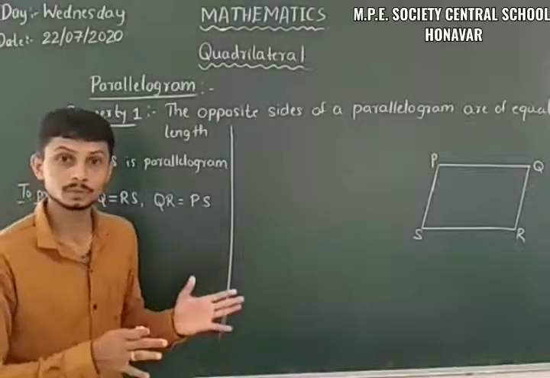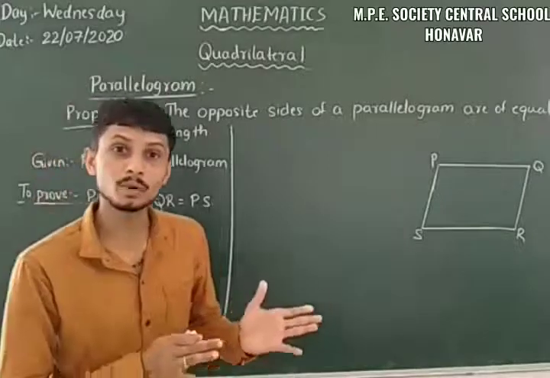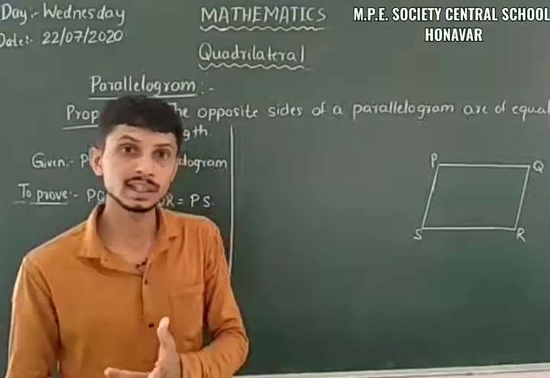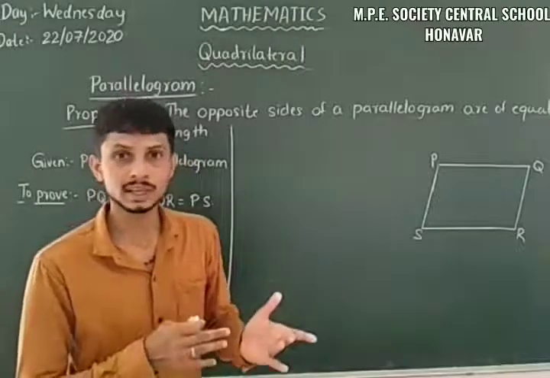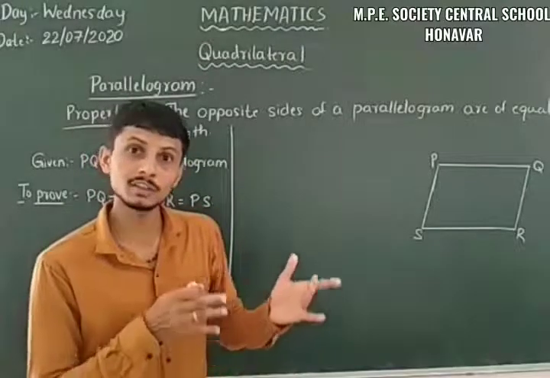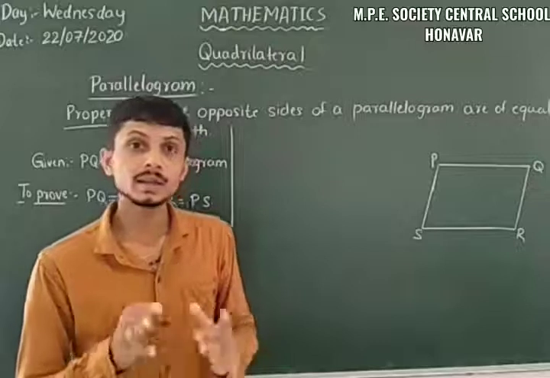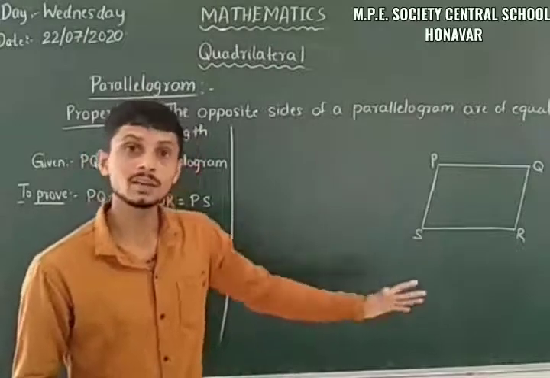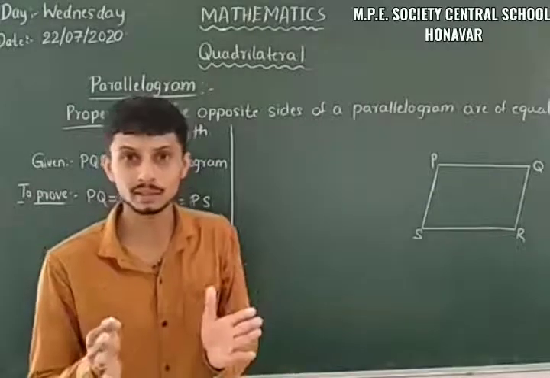For the proof, we already learned that the sum of interior angles of a quadrilateral is 360 degrees. We just take one construction there. So what is the construction? We draw a diagonal here. With the help of the diagonal we get two triangles.